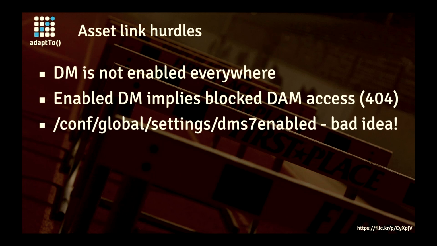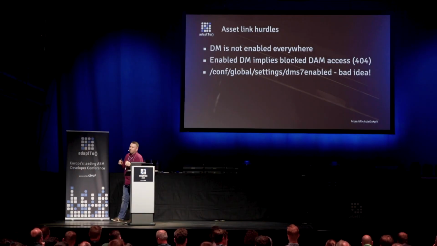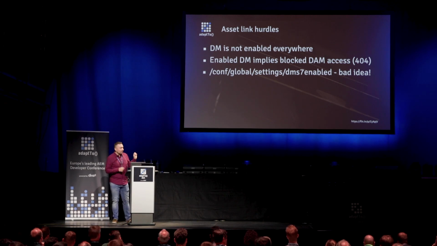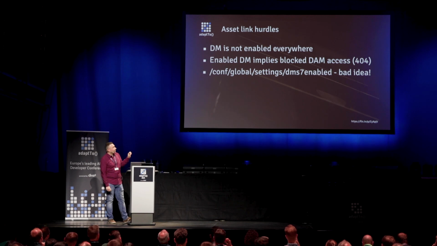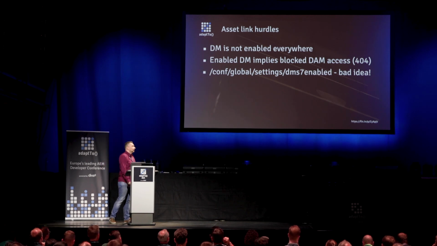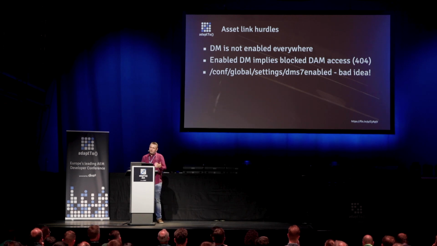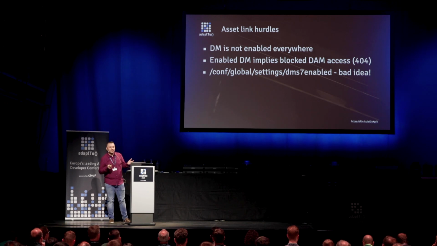And that was because the logic in our code that's supposed to detect whether we have dynamic media enabled or not was relying on this particular node. This is a JCR path, conf global settings DM S7 enabled. That was a path in your repository. And when it exists, it is a suggestion that, hey, your dynamic media is enabled on your instance.